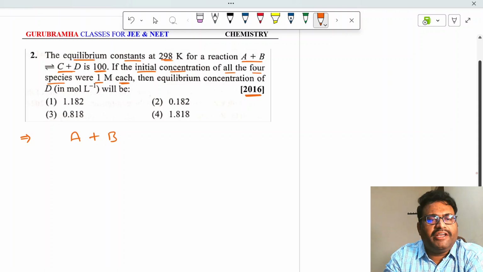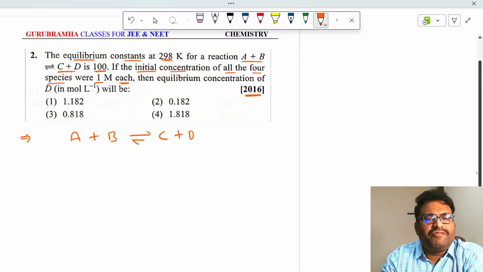A plus B gives rise to C plus D. Why are we specifically mentioning this? Because it is a reversible reaction. Equilibrium can be obtained from either the product side or the reactant side. So that is the reason we specifically mention this point. You have to take the reaction given and calculate for it. Okay.